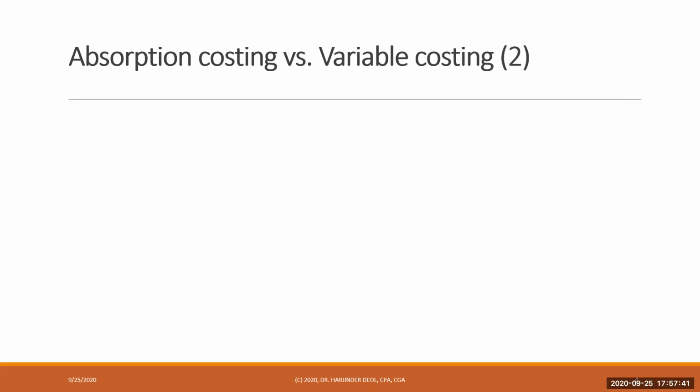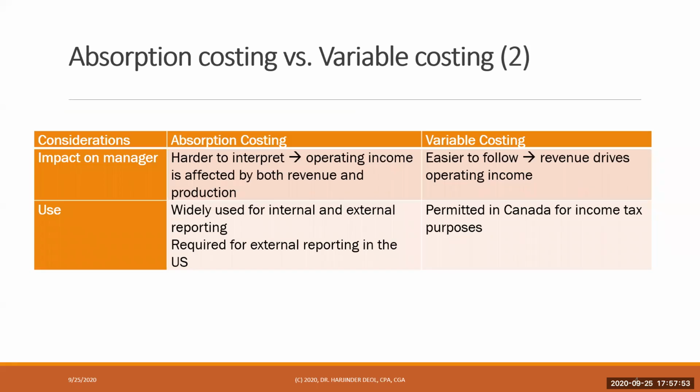Now, how do the two costing methods, absorption costing versus variable costing, impact operations? Well, firstly, for the managers, the decision makers, the use of absorption costing makes things harder to interpret.